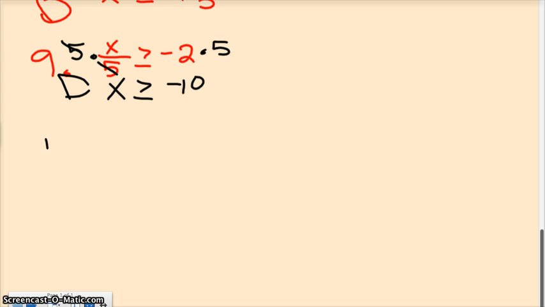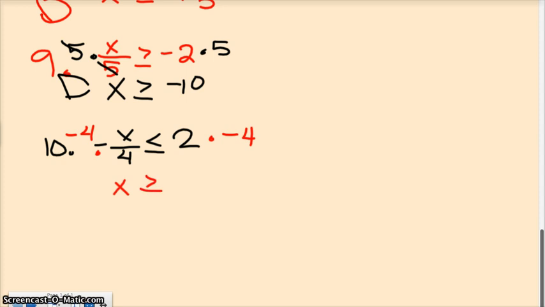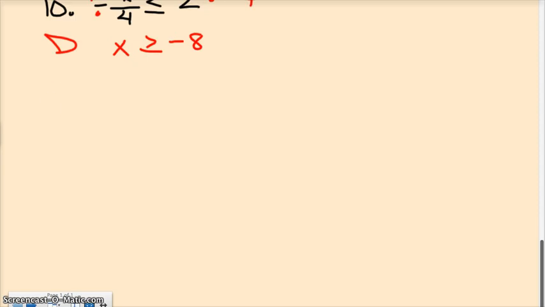Moving to number 10, we have negative x over 4 is less than or equal to 2. I'm going to times through by a negative 4. Since I'm timesing by a negative, I'm going to flip the inequality, and you get x is bigger than or equal to negative 8, and that answer is D. Number 11, negative 5x is bigger than or equal to negative 10.